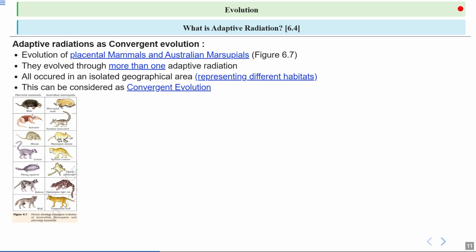These placental mammals are very similar to the Australian marsupials, like the mole and marsupial mole, anteater and numbat, mouse and marsupial mouse. We also talked about the placental wolf and the Tasmanian wolf. These are quite similar. One adaptive radiation is occurring in placental mammals, another in the Australian marsupials, all in an isolated geographical area which represents different habitats.